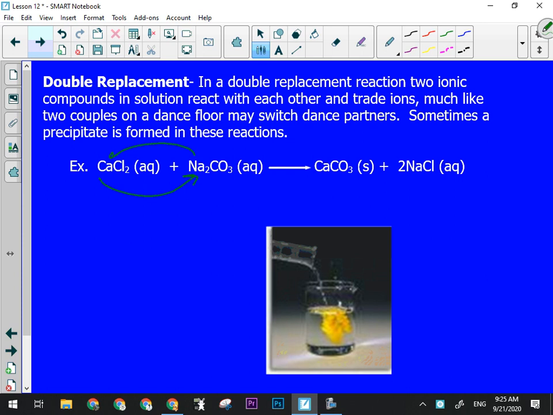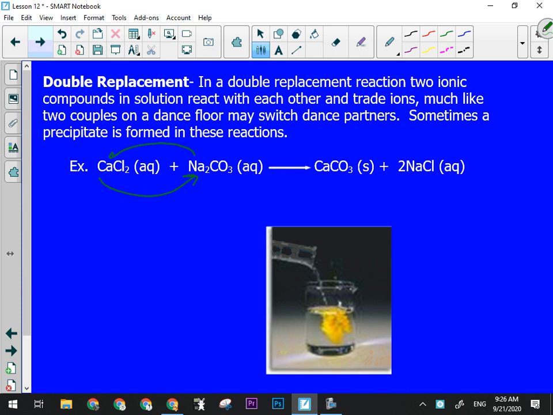Sodium's the metal, carbonate's the nonmetal. And in this compound, calcium is the metal, chlorine's the nonmetal. When that reaction occurs, they both have new partners. Sodium ends up with chlorine, and calcium ends up with carbonate. I've replaced and made two new compounds, double replacement. Everybody all right with that? So all you do is swap the metals, and you've got your new compounds.